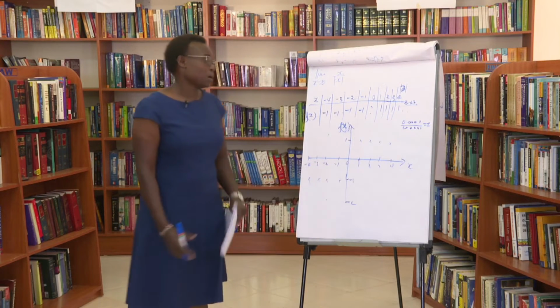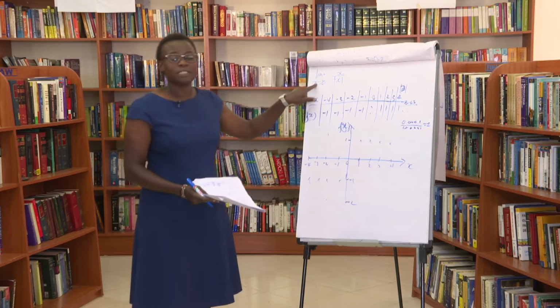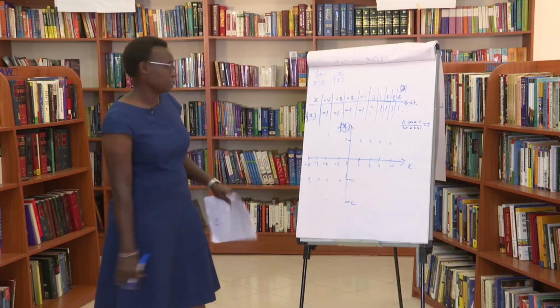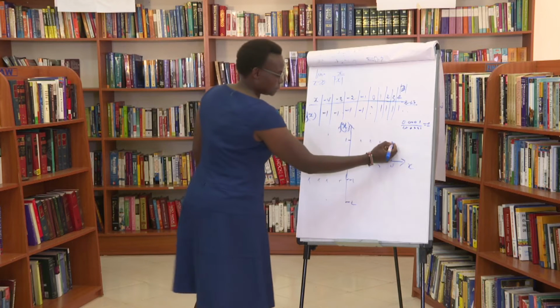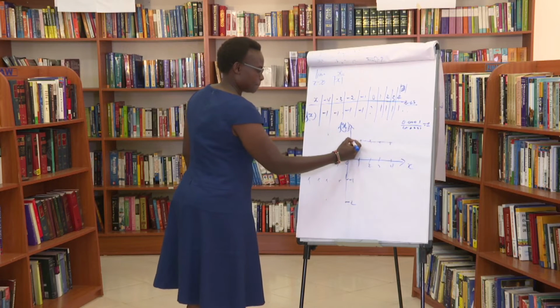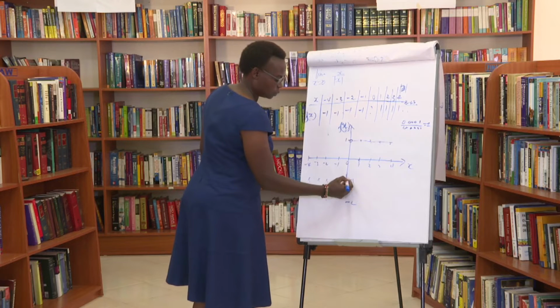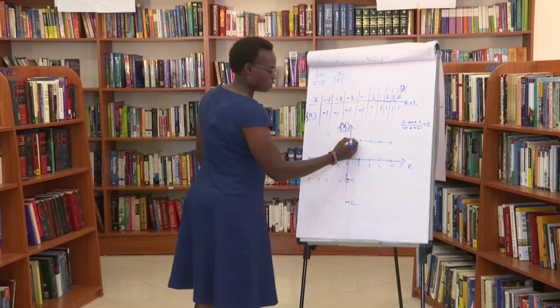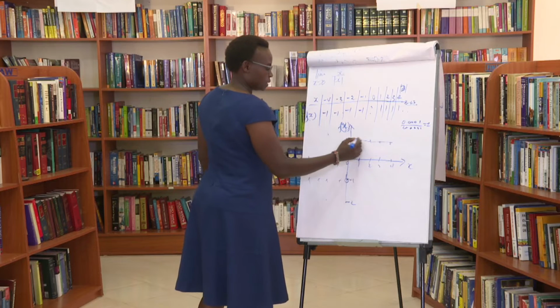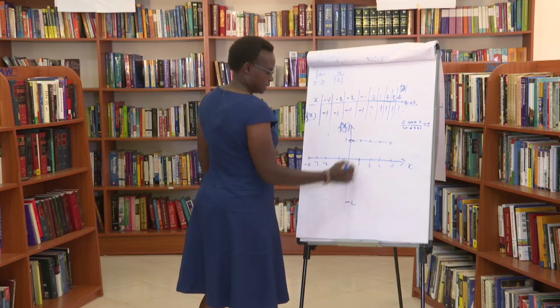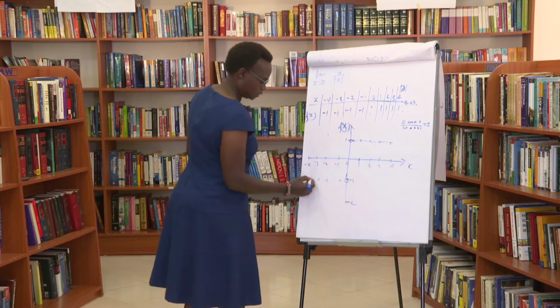Remember, we are looking for the limit as x tends towards 0. So our direction is towards 0. At the point where x is equal to 0, the function is not defined.